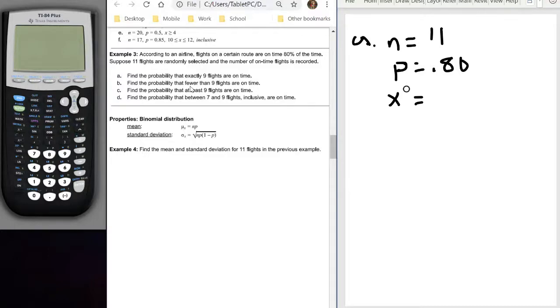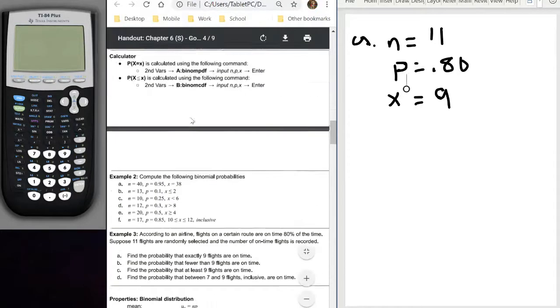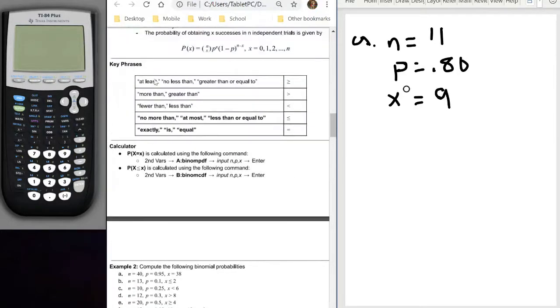Keep in mind, when it comes to the binomial probability, keywords are important. When you look at the handout and these key phrases, equal is a very good keyword. Anything that has to do with less than or equal to, for example, no more than, at most, less than or equal to, these two are very good keywords.